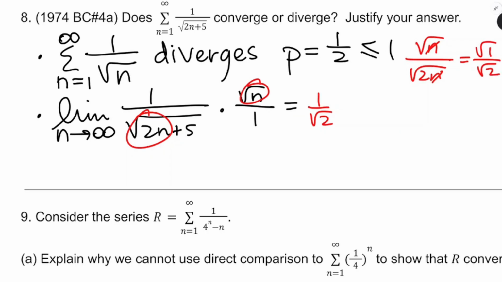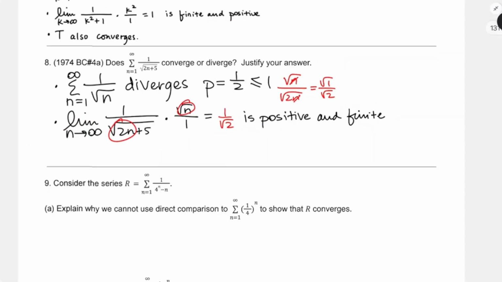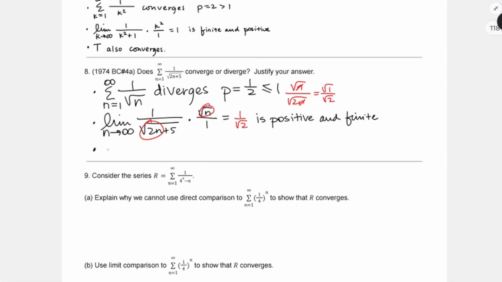There are many different forms of that number. This result is positive and finite. And as a result, our series that we don't have a name for also diverges.